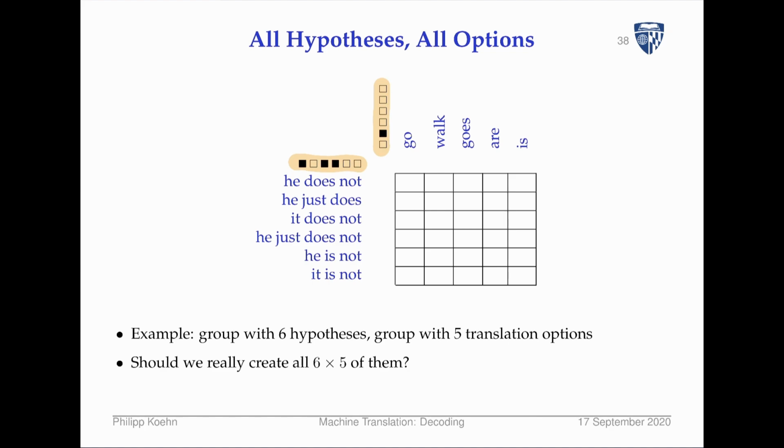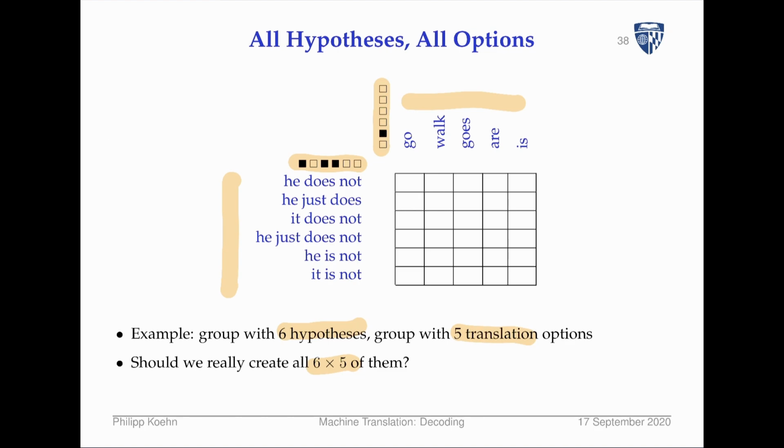In this case, let's say there are 6 different hypotheses and 5 different translation options. In reality, these numbers tend to be much bigger. So given these 6 hypotheses and 5 translation options, we now try all of them out: 6 times 5, 30 different options. So this is quadratic, roughly.